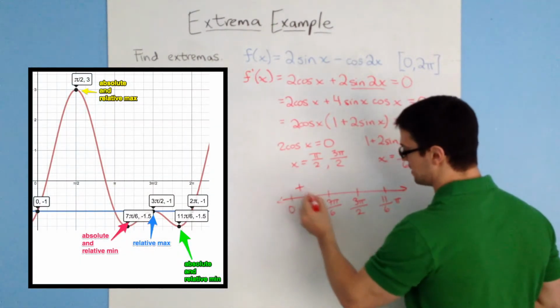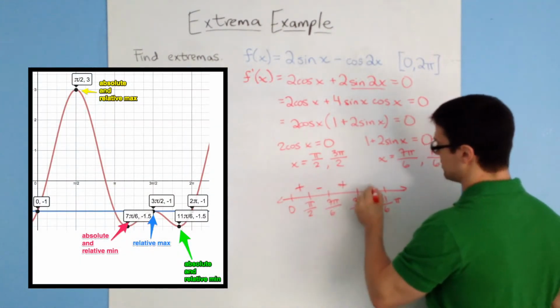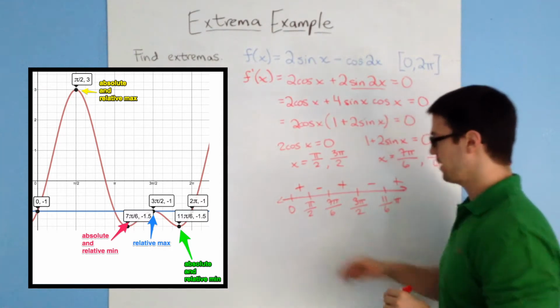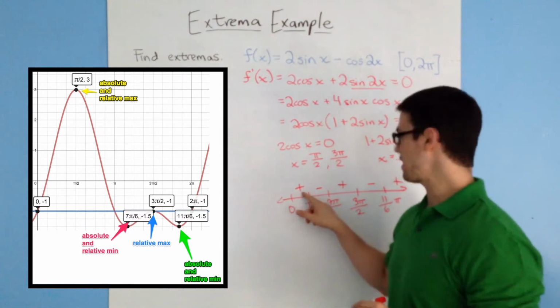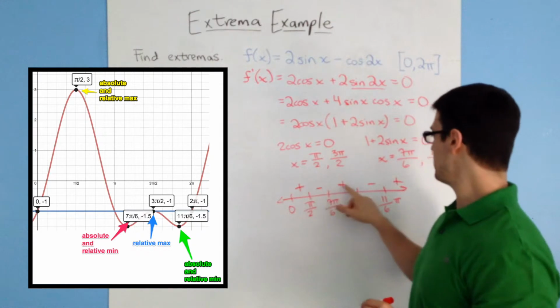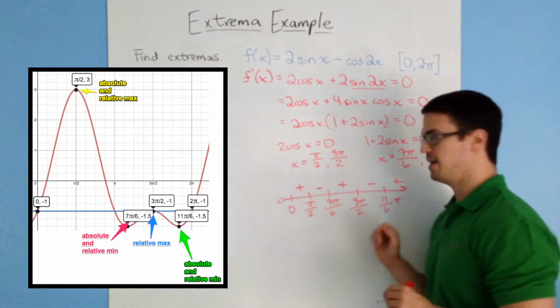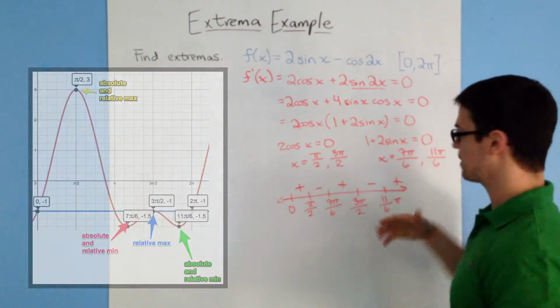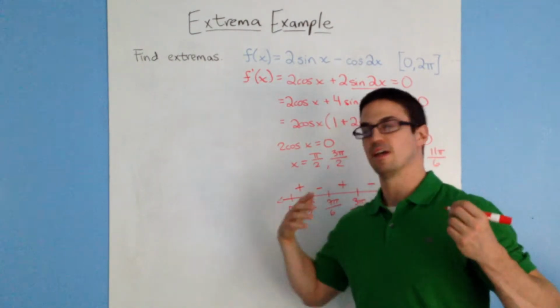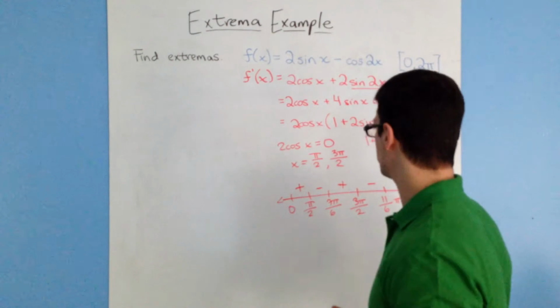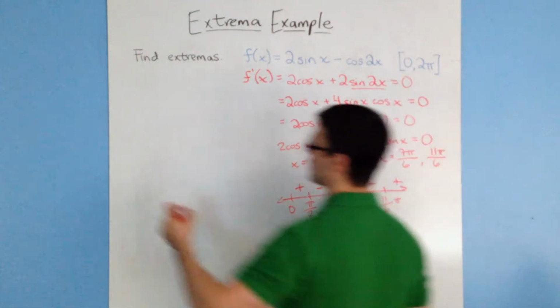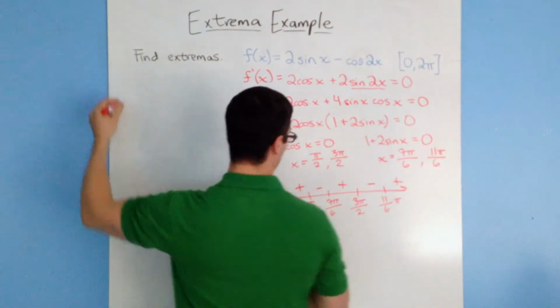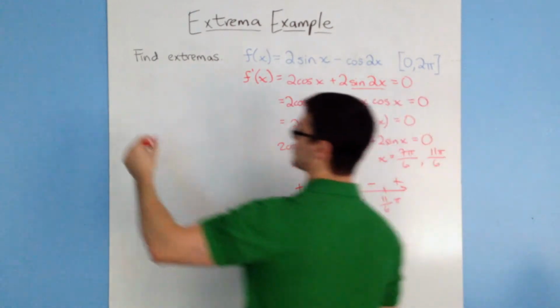So we have a positive, and then a negative, and then a positive, a negative, and then a positive. Okay, so here we would have a maximum, and then we'd have minimum, maximum, minimum, and then it just keeps going positive from then on. So that means every single one of these critical numbers is also an extrema that we can use. We also need to use the endpoints, so let's look at every single possible extrema for this problem.